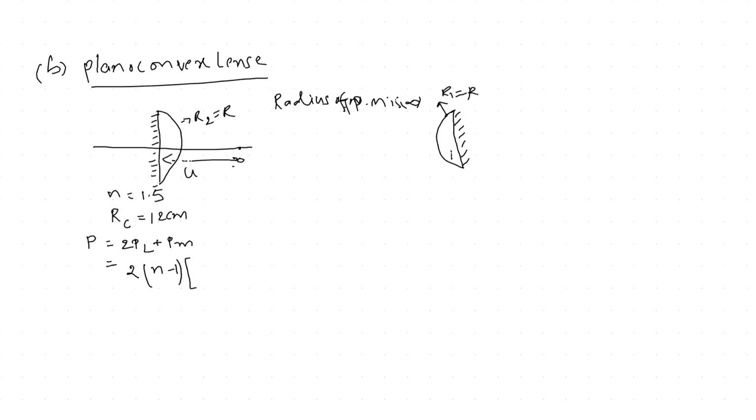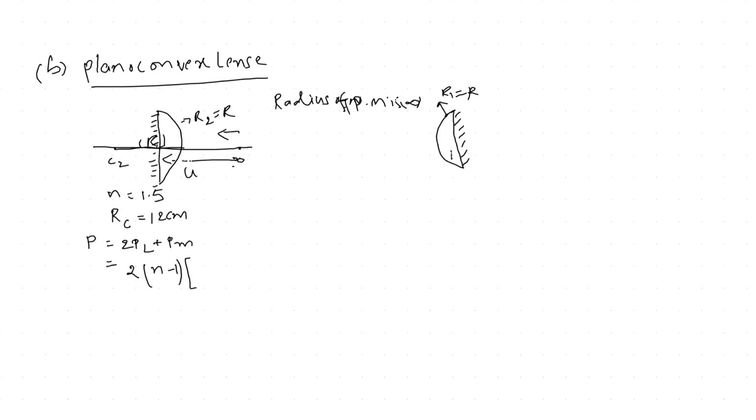Here there will be a C2, and this distance is R2. The radius is negative or positive? R2 is positive because it is in the direction of the incident ray, and R1 is infinity. The radius of a plane surface is infinity, as we already discussed.